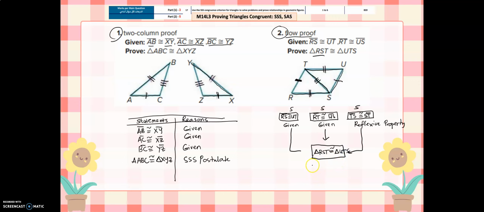This is by SSS postulate, or SSS congruency. So we are going to draw a flow chart in this way. All right, so this is an example of a flow chart.